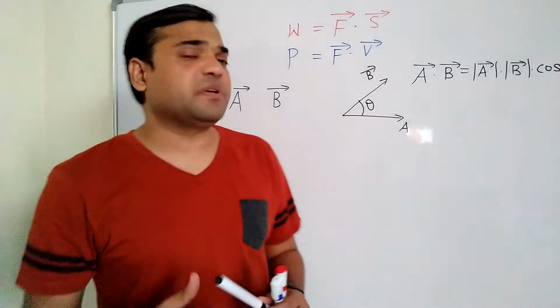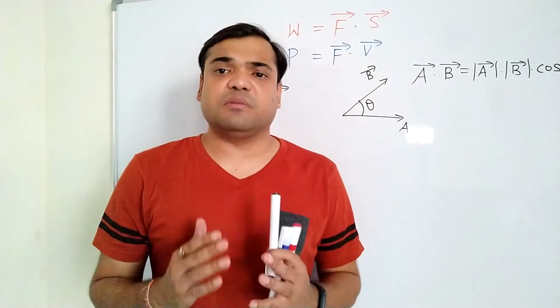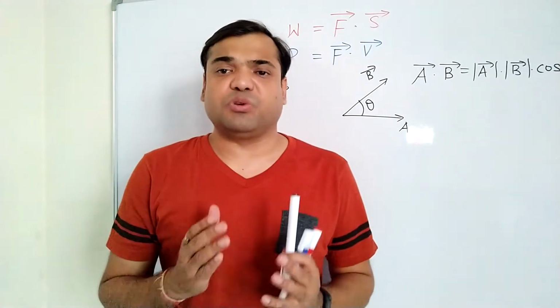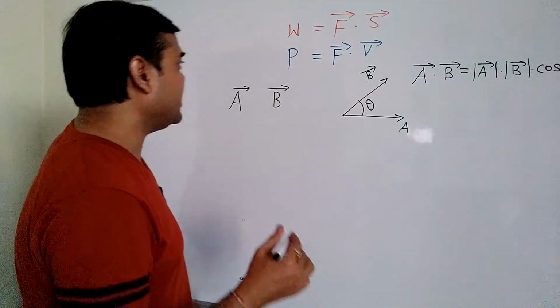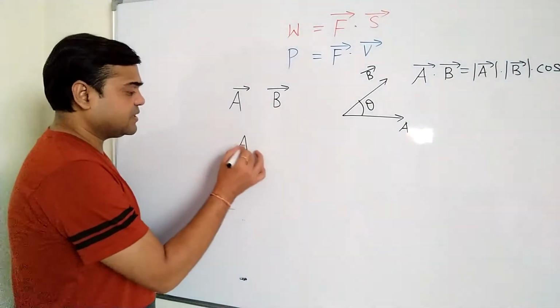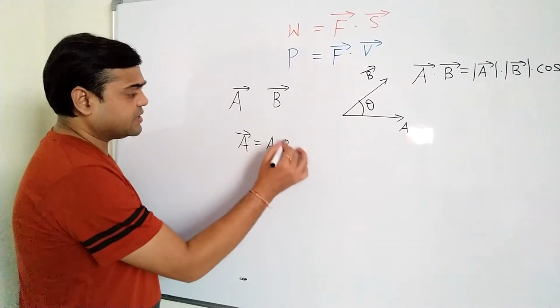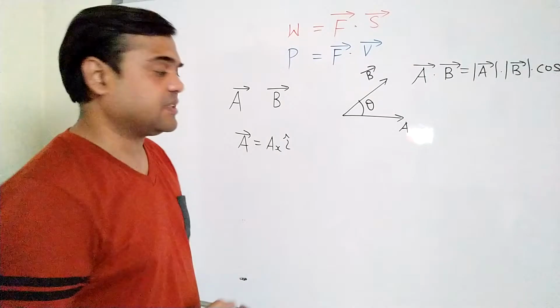Now let us represent these two vector quantities, A and B, in terms of components or rectangular components, that is components along the x-axis, y-axis and z-axis. So I can write vector A as the x component of vector A, that is ax i cap. i cap is a unit vector along the x axis.